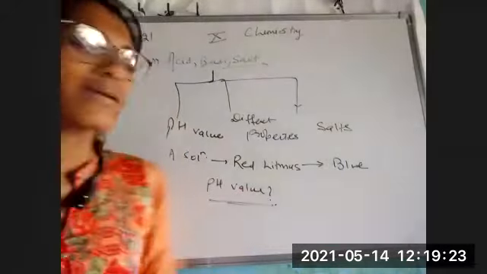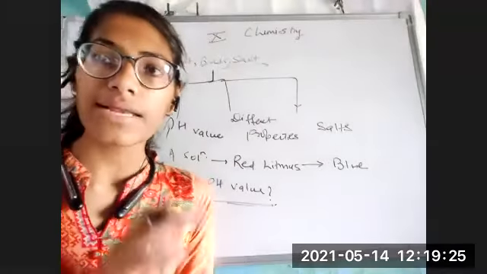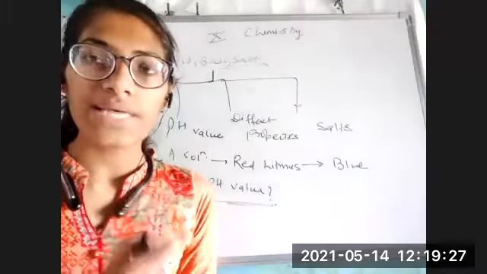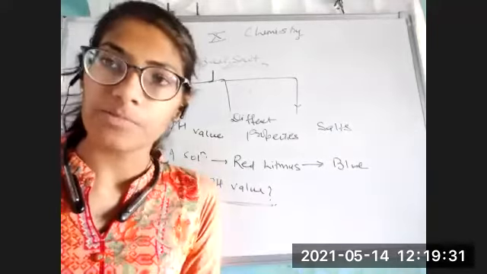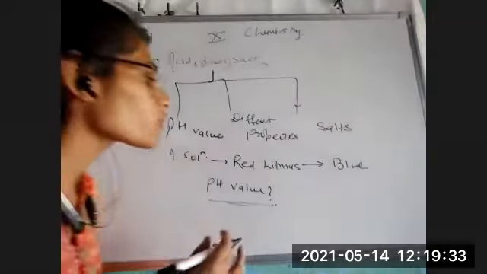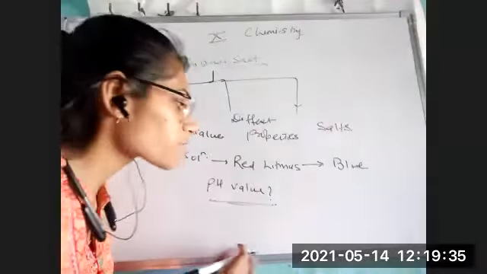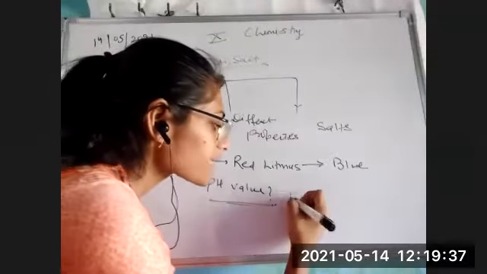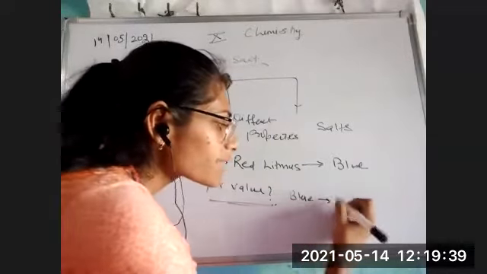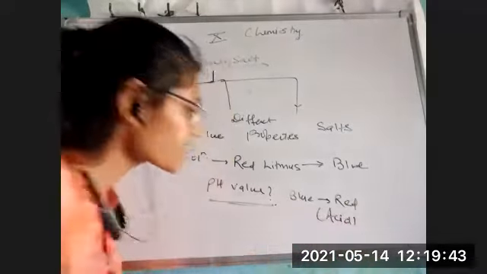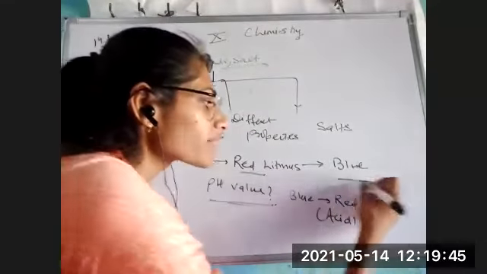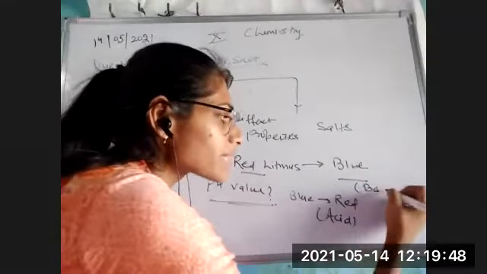Whenever we started with the first topic, there is something known as an indicator which tells us what is acid and what is base. If I'm talking about indicators, for litmus paper, if the blue litmus is converting to red, that means there is acid. And if the red litmus is converting to blue, that means there is a base.